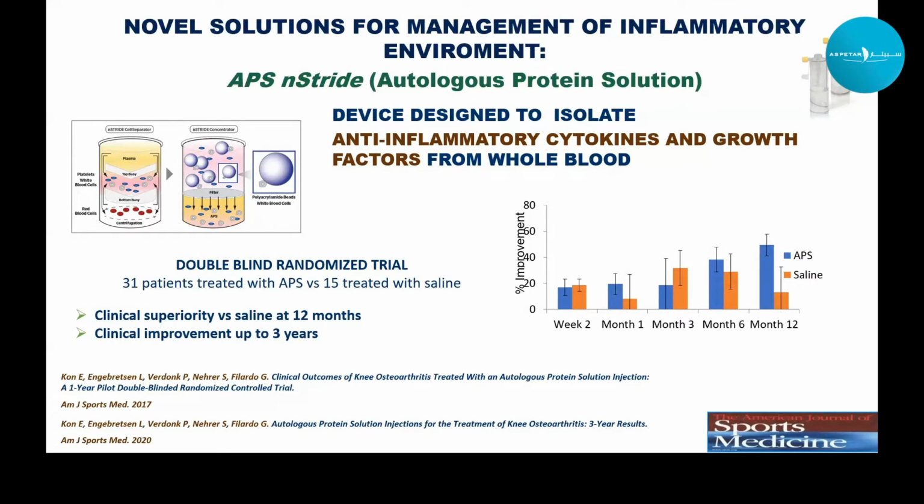And we have performed several studies, one study against saline, and now we are finishing the study against hyaluronic acid. And we published the results up to 3 years of the study against saline. And these results show a big difference against placebo, clinically and statistically significant, especially for the management of pain.